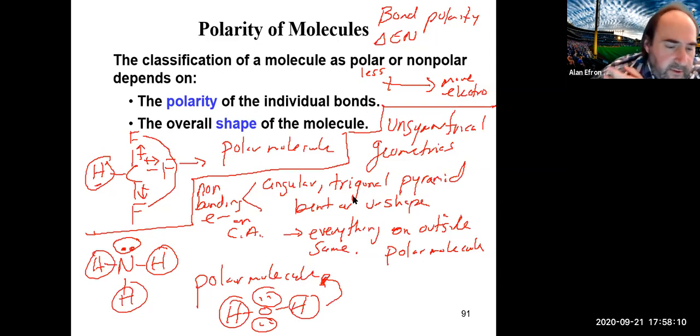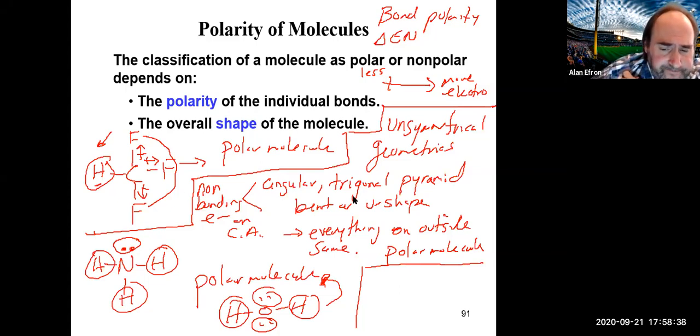So that's really the easiest way to figure it out: dots on the central atom, everything the same, polar. No dots on your central atom, everything the same on the outside, going to probably be nonpolar. If you change that, no dots and put something else on the outside, it becomes a polar molecule. So that's the easiest way to figure out molecular polarities, by the symmetrical geometries and unsymmetrical geometries.